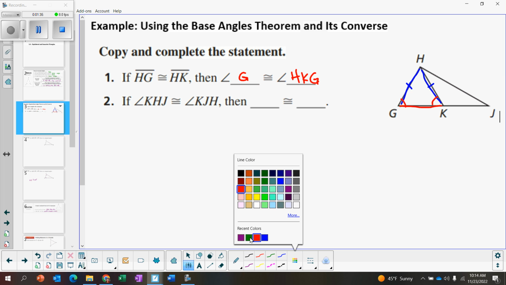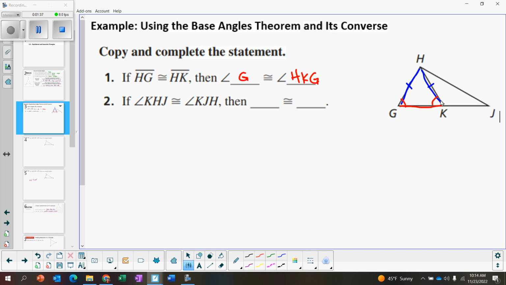And then the second part, I'm starting out by knowing that angle KHJ, this angle over here, is congruent to angle KJH, this angle over here. So these two angles are my base angles, making HJ my base. That makes HK congruent to JK.